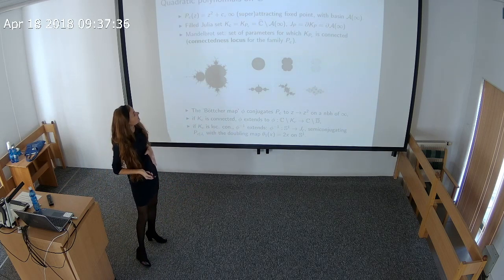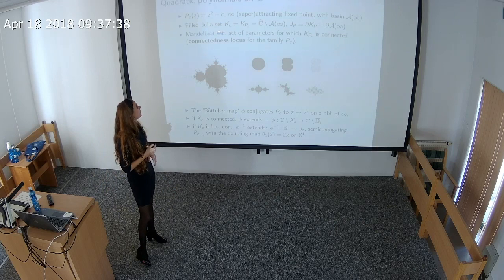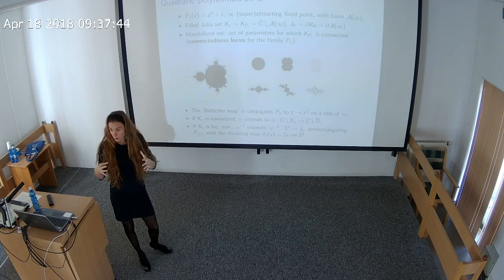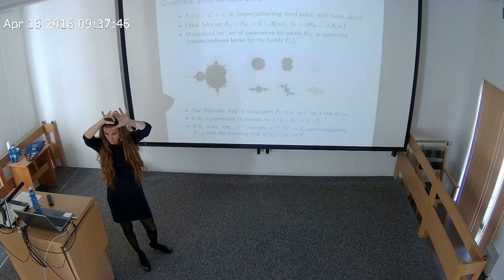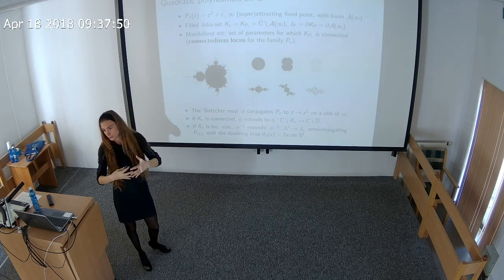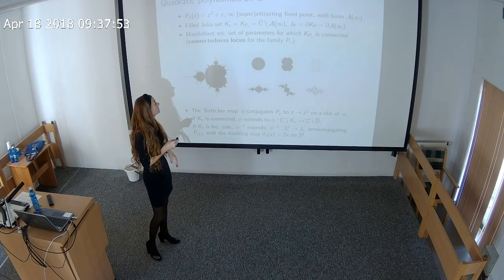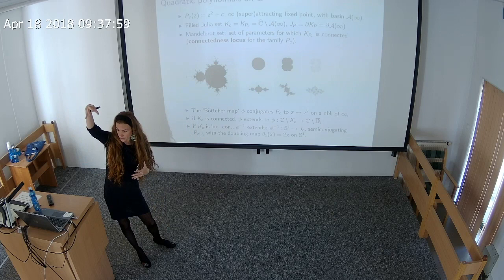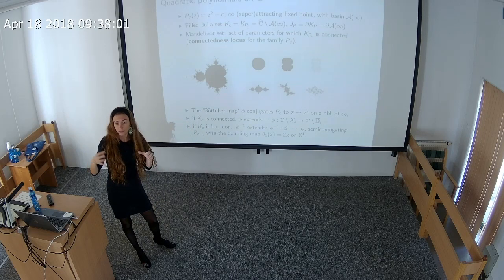And in this setting, you can define the filled Julia set for a polynomial P_c to be the complement of the basin of attraction of infinity. So you have this bunch of points that go to infinity and the points with bounded orbit. These points with bounded orbit are the filled Julia set. The Julia set is the common boundary between the basin of attraction of infinity and the filled Julia set.